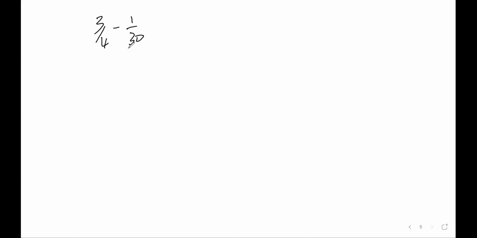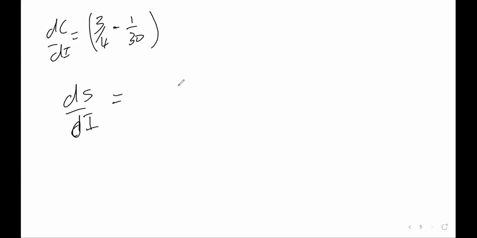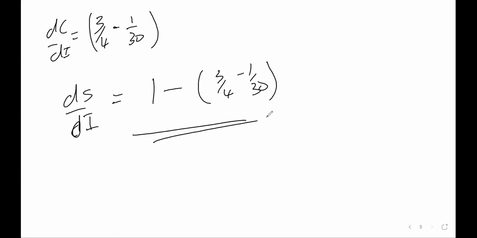So we put the two on a common denominator, and that's our dC/dI. You can use your calculator to calculate that. So our dS/dI, the marginal propensity to save, will then be 1 minus this value. 1 minus the value you get here will then be your dS/dI when I equals 25.